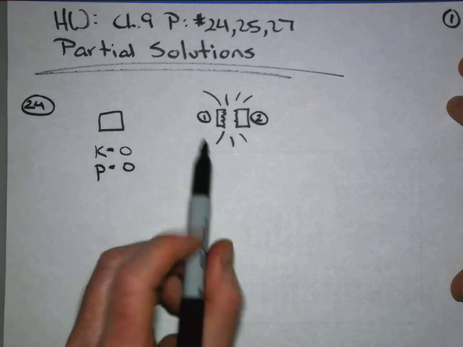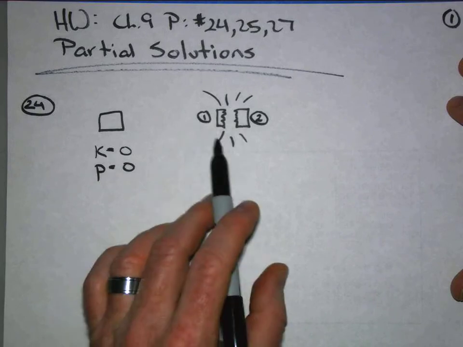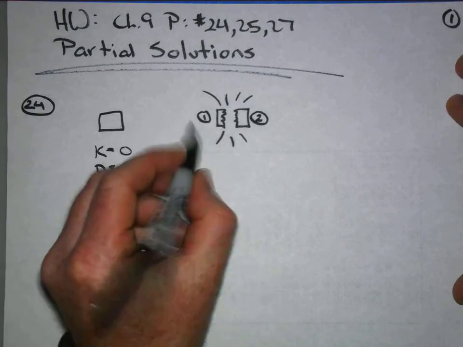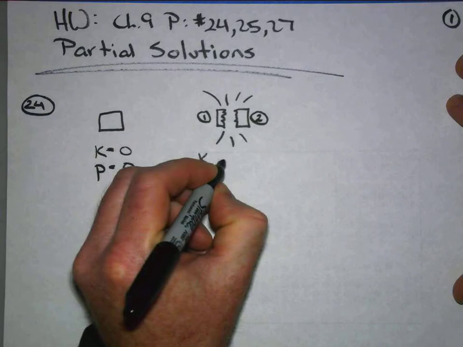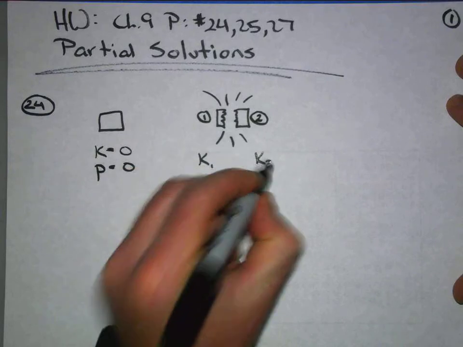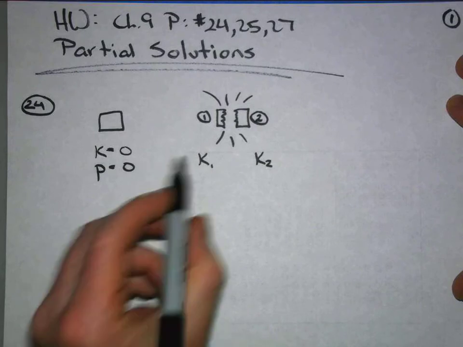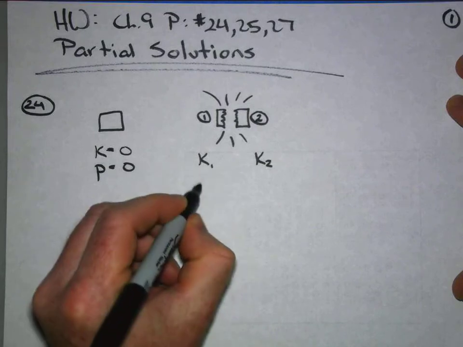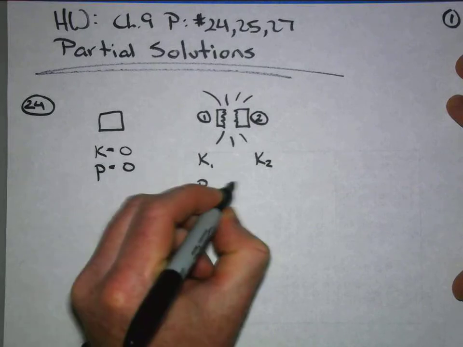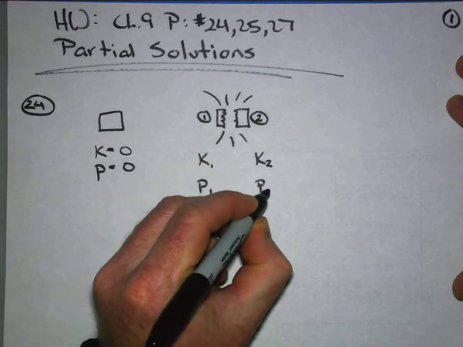Each of these pieces is now moving, so each one will have a kinetic energy, and each one will also have a momentum, a momentum for 1 and a momentum for object 2.